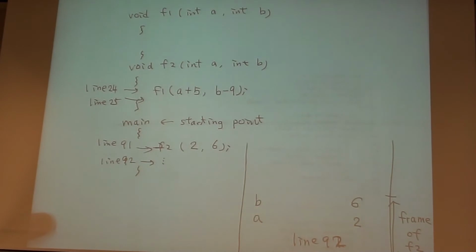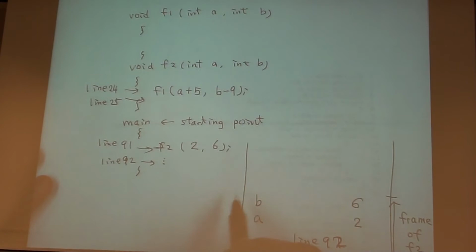Are they all, including line 92, in the same frame? Yes, that's the frame of F2. When I call a function, I will have a frame for that function call. Inside function F2, I'm going to call F1.